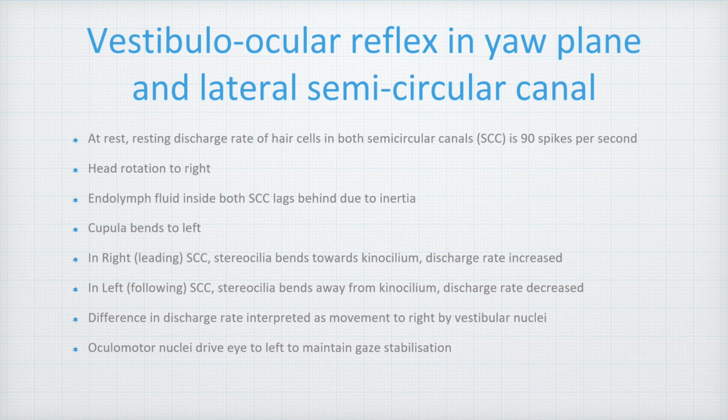So as a result of this movement to the right, if you want to maintain the gaze at one point, your head is moving to the right, so your eyes need to move to the left. And this movement of the eyes to the left is mediated through the vestibulo-ocular reflex, by the vestibular nuclei sending signals to the oculomotor nuclei.